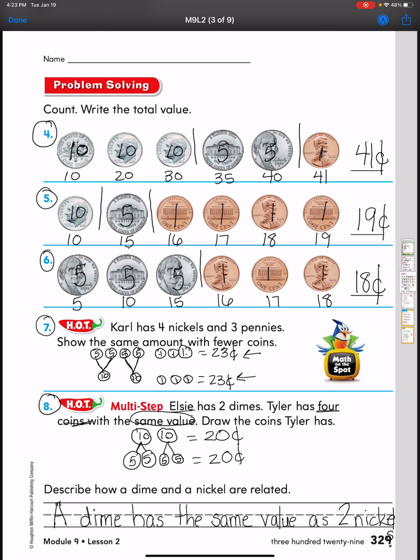All right. This dime right here is worth the same amount of money as these 2 nickels. They're both worth 10. A dime is worth 10 and 2 nickels is worth 10. So a dime has the same value as 2 nickels. And if you need to pause my video to write this, you can do that. I'm going to slide up to the next page.